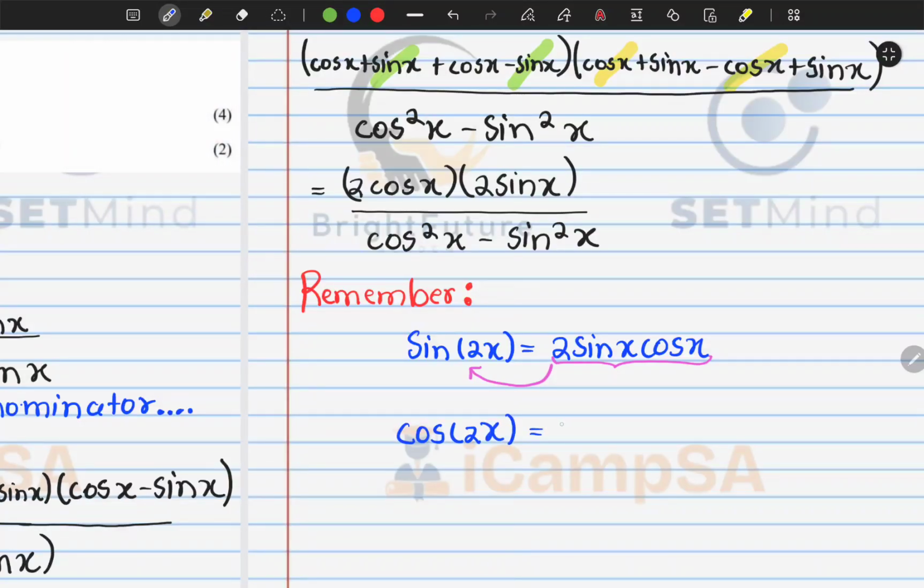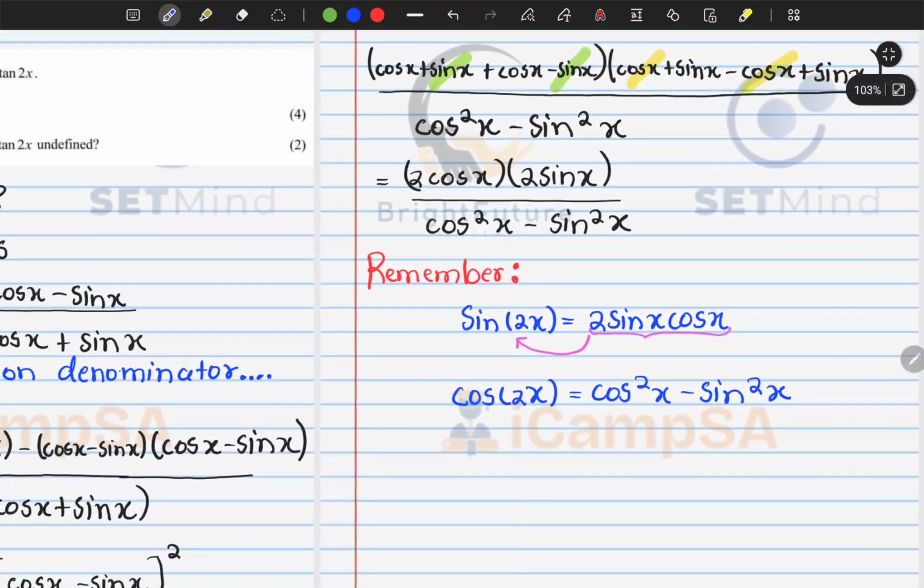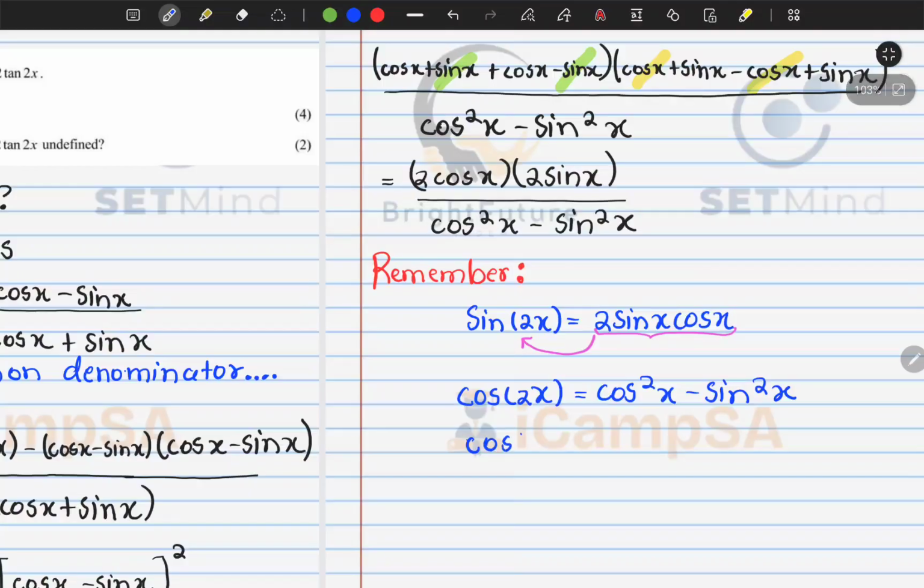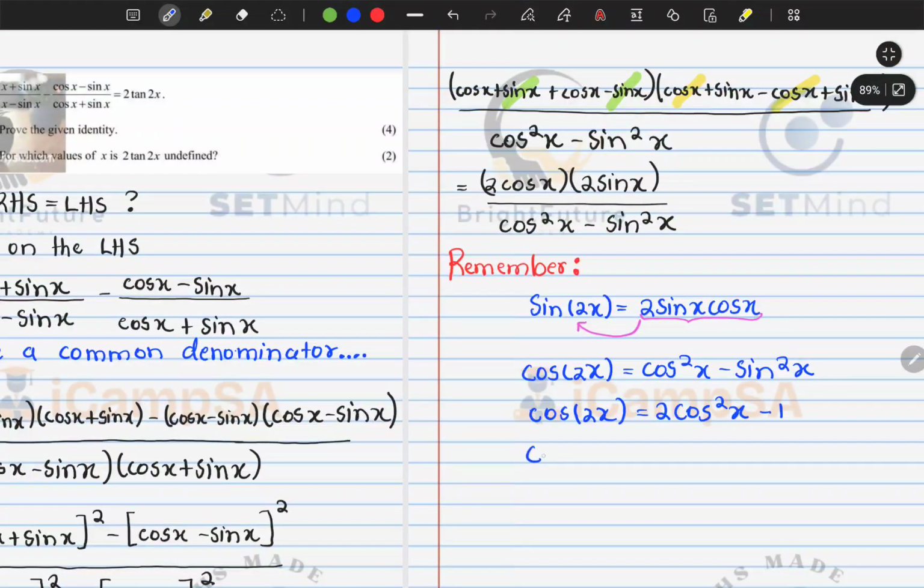So for cos, I need you to remember that cos squared x minus sine squared x, that is a double angle expression for cos, or for cos, you can also have 2 cos squared x minus 1. That is another double angle expansion.